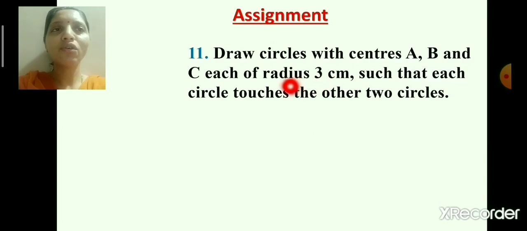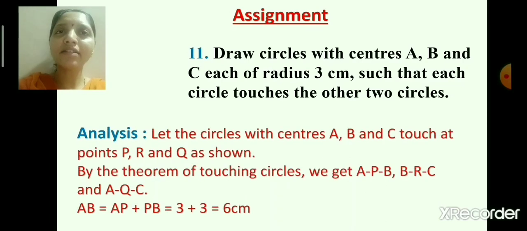So you will get 3 plus 3, that is 6 cm. So the distance between the centers of two circles will be 6 centimeters. So accordingly you have to draw the 3 circles which are touching each other. Okay. After the drawing these 3 circles, we have to write the analysis also.